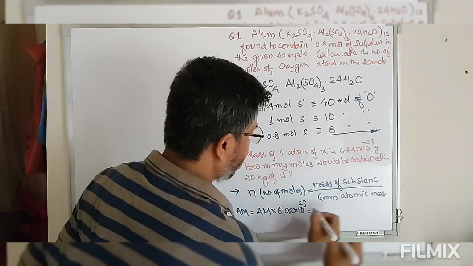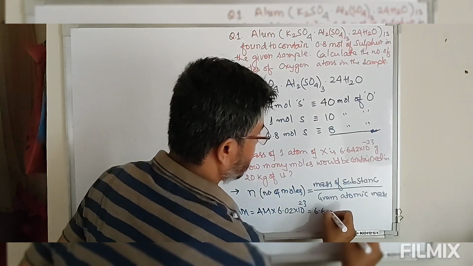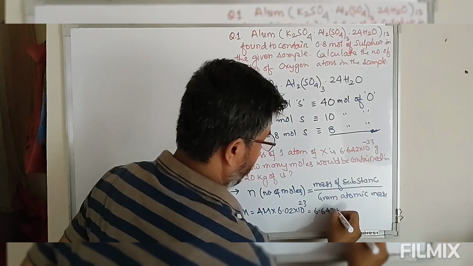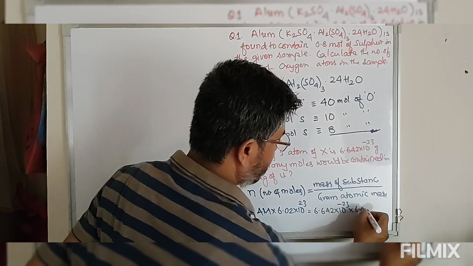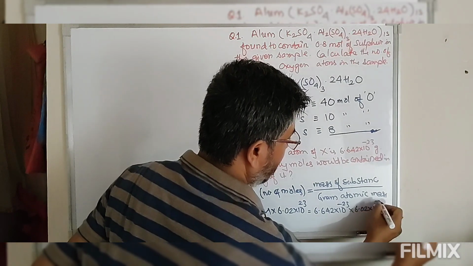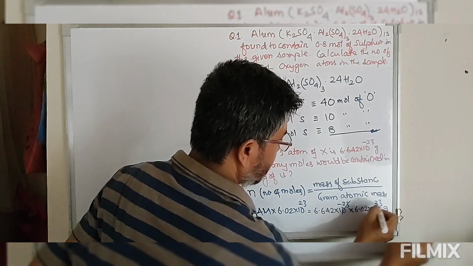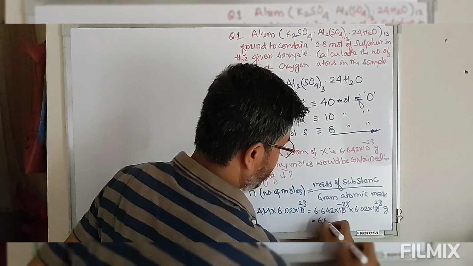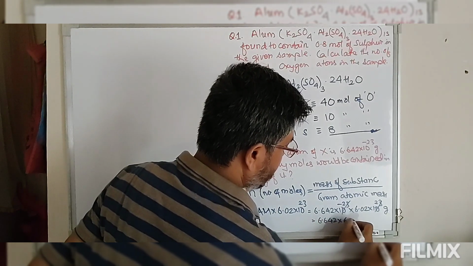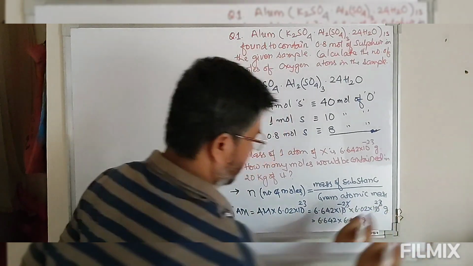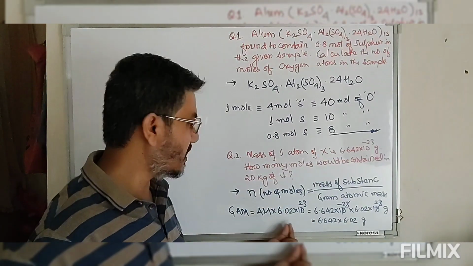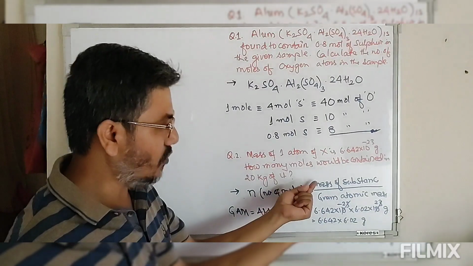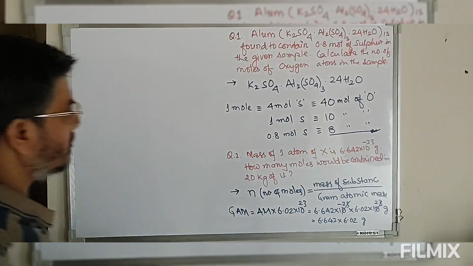So this comes out to be 6.642 into 10 to the power minus 23 into 6.02 into 10 to the power 23 gram. So this cancels out. So this comes out to be 6.642 into 6.02 gram. So from the mass of this single atom, we define the gram atomic mass. Now we look at the total mass and gram atomic mass, so we can find the number of moles.